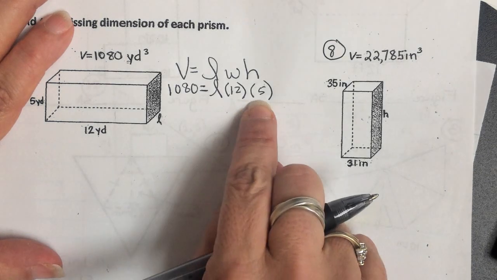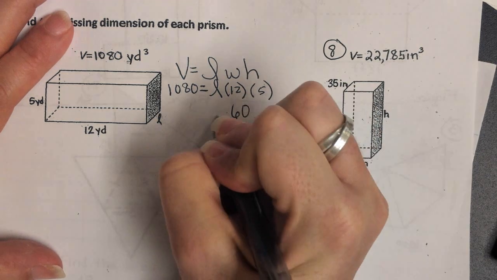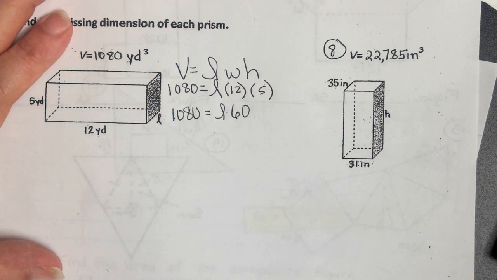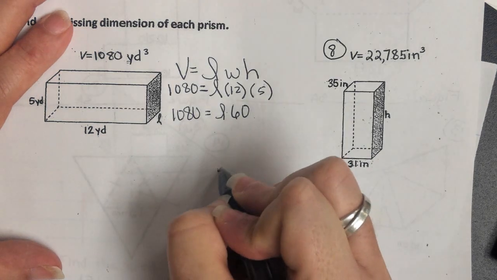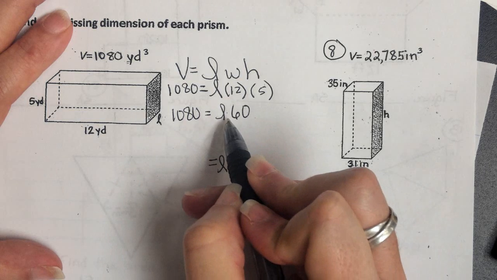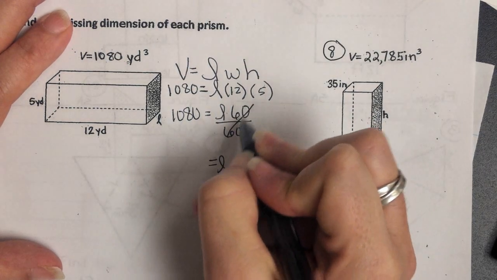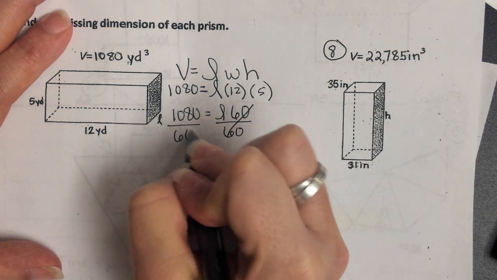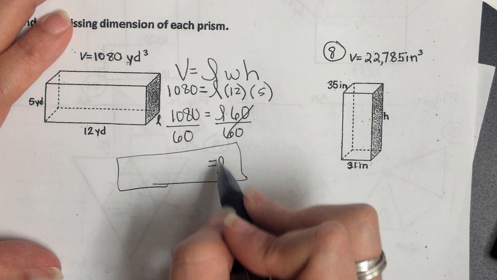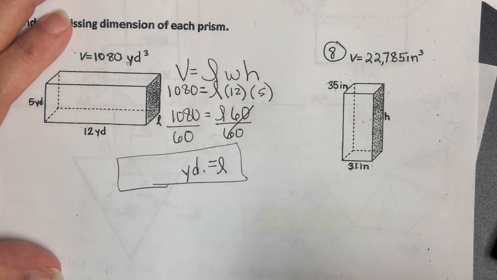Clean up 12 times 5. 60. Okay. Whole goal is to get length down here all by itself. So how do we get rid of a times 60? Divide. What we do to one side, do to the other. Okay. Now, the length is whatever that is, and then yards.